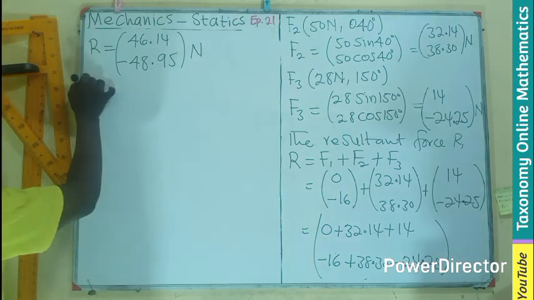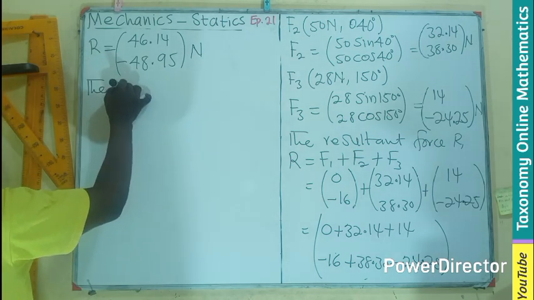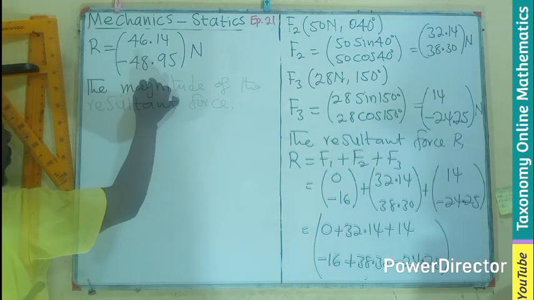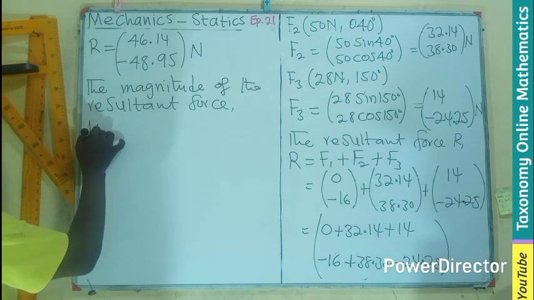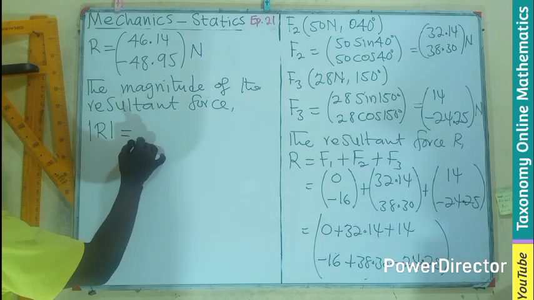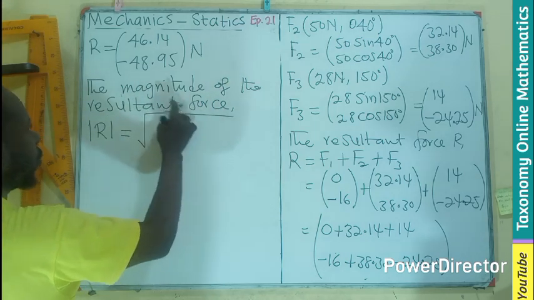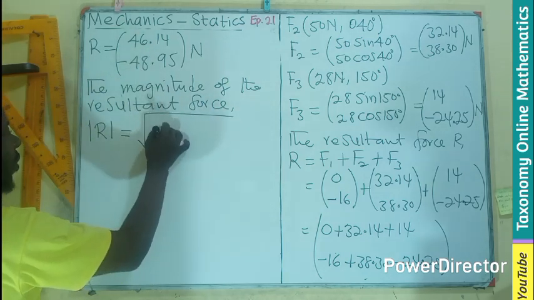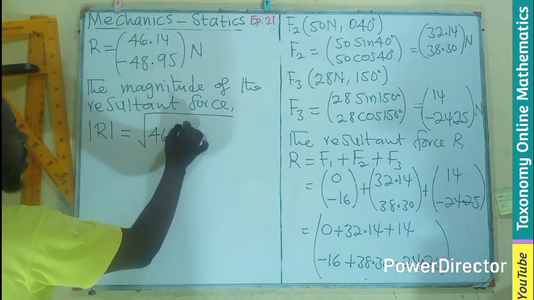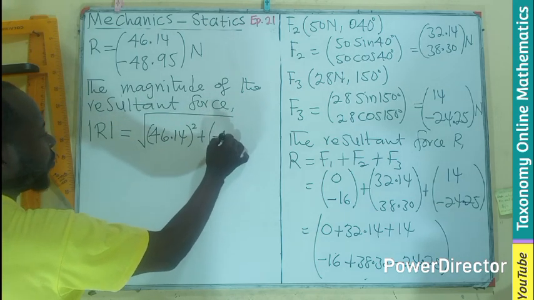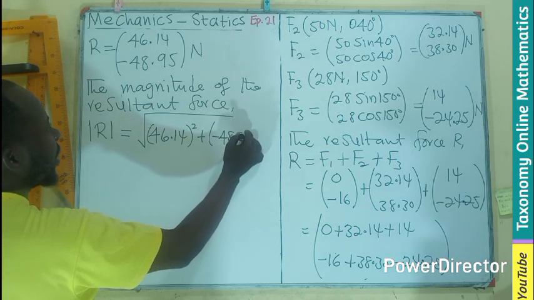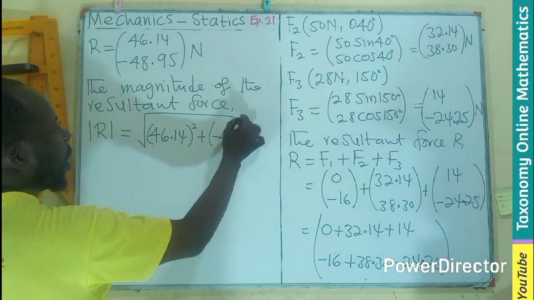So we need to find the magnitude of the resultant force. The magnitude of this equals the square root of the square of 46.14 plus negative 48.95 squared.